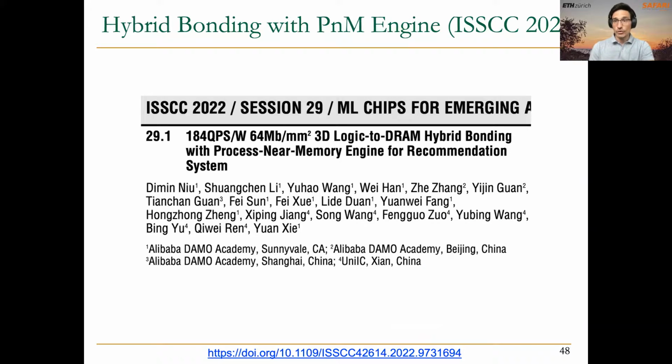Another interesting real-world processing in memory architecture, presented very recently this year at the ISSCC conference, is this logic to DRAM hybrid bonding with processing near memory engine for recommendation system. This has been presented by Alibaba, and we are going to talk about it in detail in our next lecture.